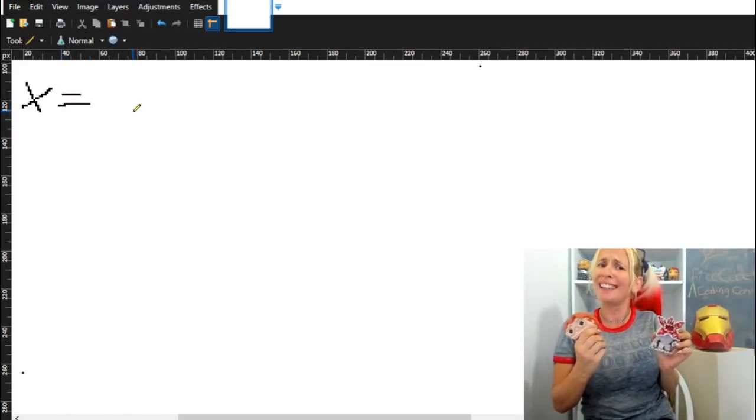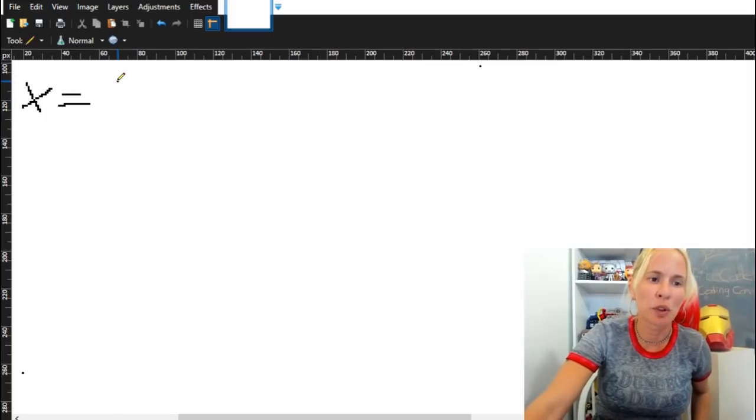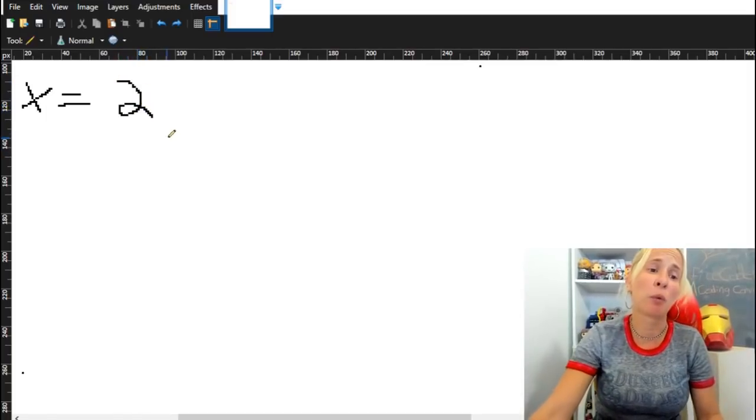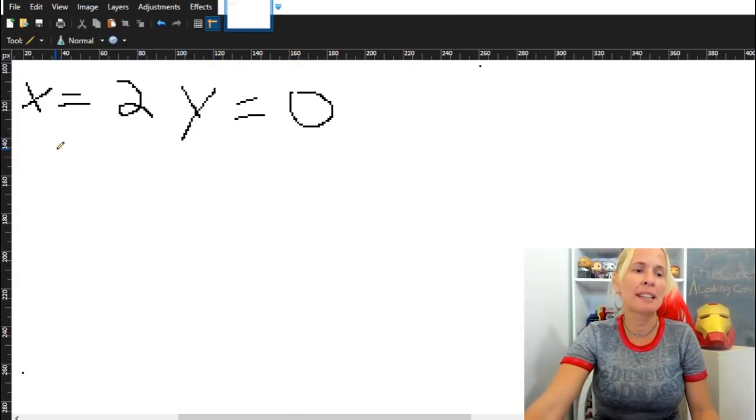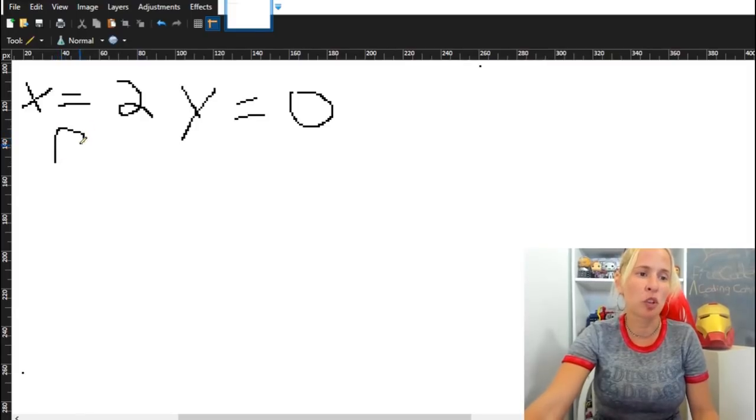Pixels are cool, right? So let's do x equals 2, and we're going to go ahead and do y equals 0. So let's say that x equals 2 is our p, and y equals 0 is our q.